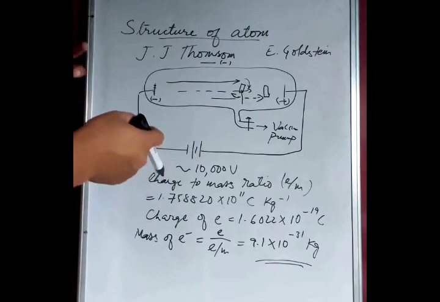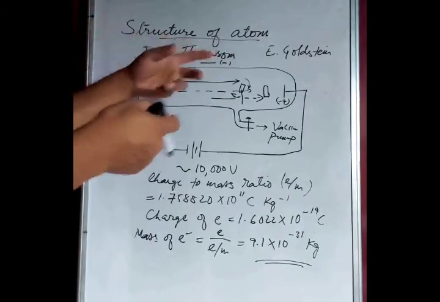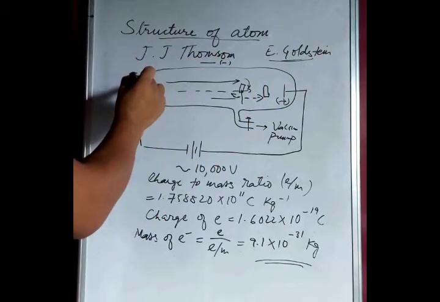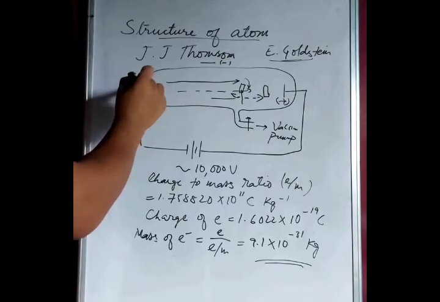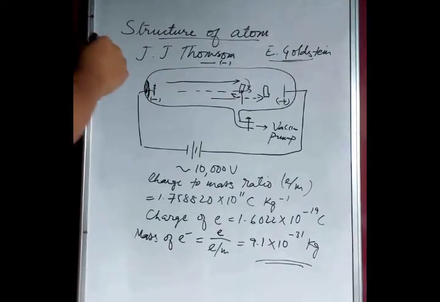In Goldstein's experiment, he found that the area behind the cathode side glowed. It gave a red glow.